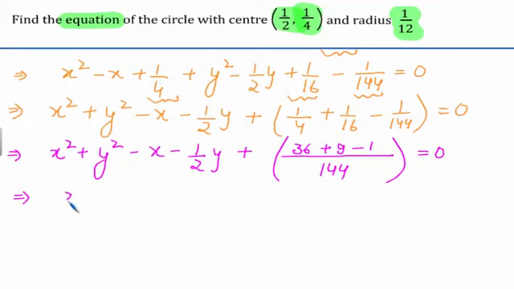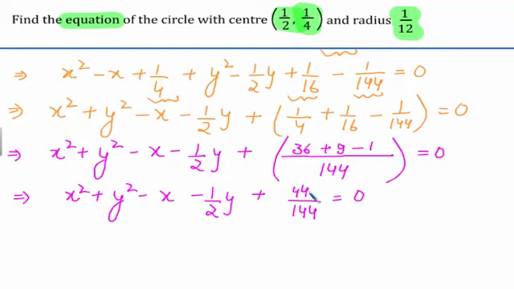So this implies x square plus y square minus x minus 1/2 y plus, on simplifying the numerator we get 44 and in the denominator we have 144. This is equal to 0.